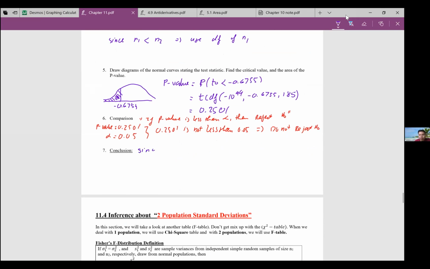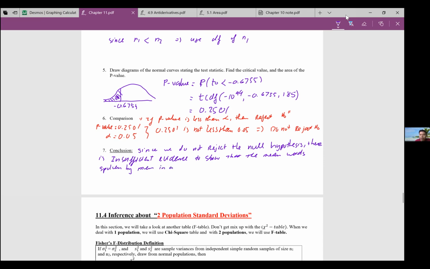So since we do not reject the null hypothesis, there is insufficient evidence to show that the mean words spoken by men in a day is less than that for women.